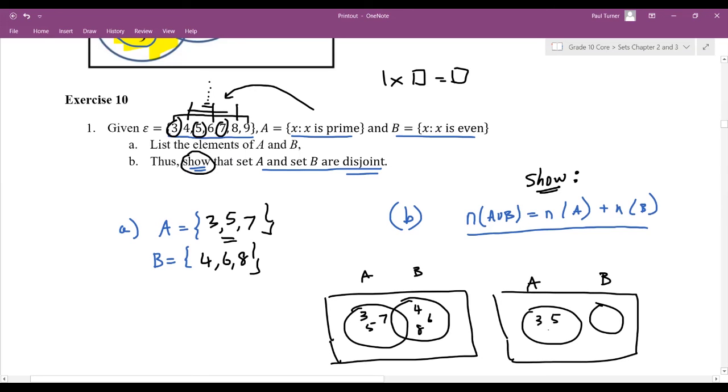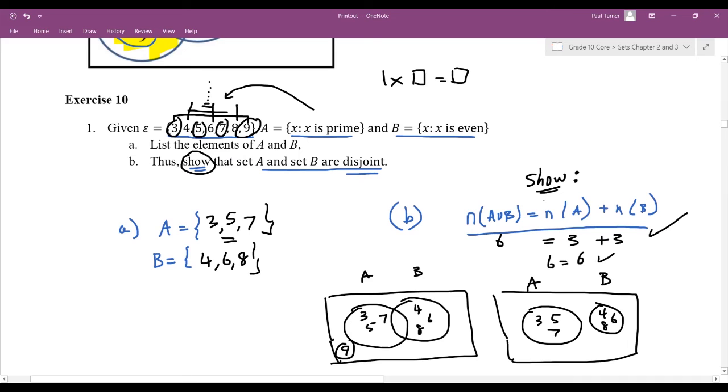So 3, 5, 7, 4, 6, 8. So the number in the union is 6. There's one element, 9, which is outside, but that doesn't matter. The number in A is 3. The number in B is 3. And that's equal. 3 plus 3 is 6. 6 equals 6.